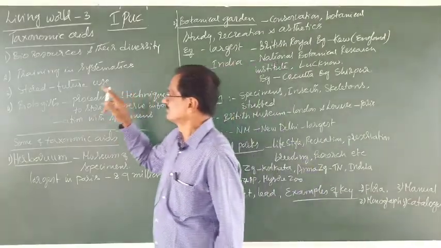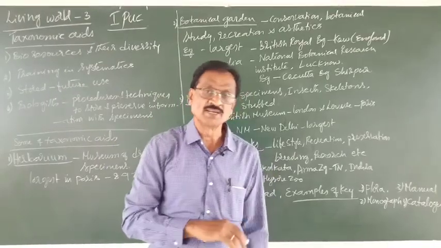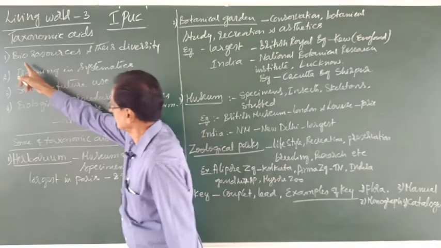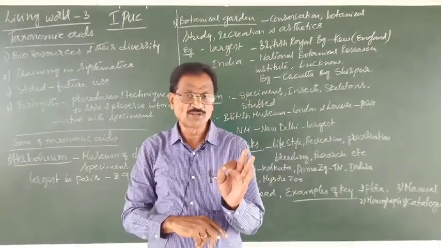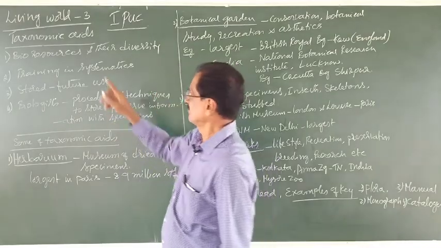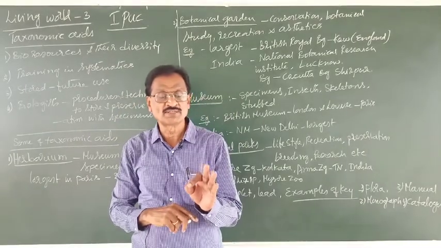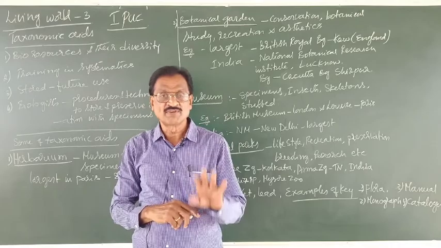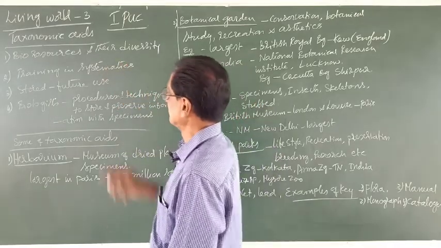Taxonomic aids. What is the use of studying taxonomy? We can list it like this. It is helpful in knowing the bioresources available in nature and even their diversity, that is biodiversity. The total form of life on earth is supposed to be the biodiversity.